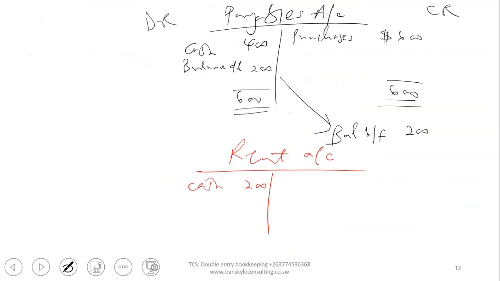But let us see what would happen. The rent is a statement of profit or loss item, so we just have to ensure that we have closed this account.